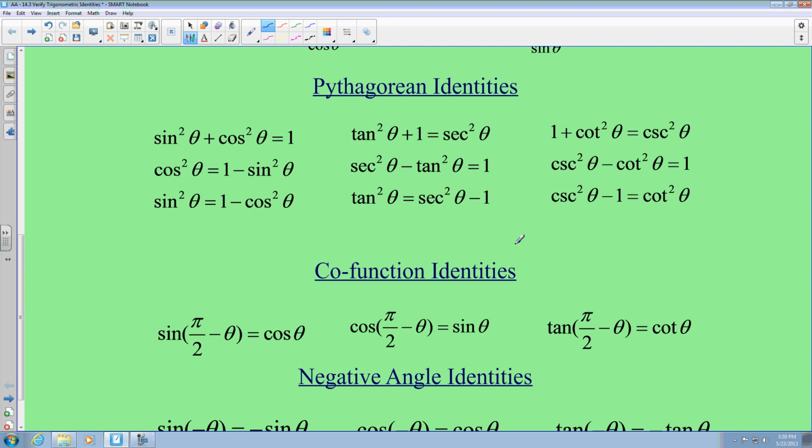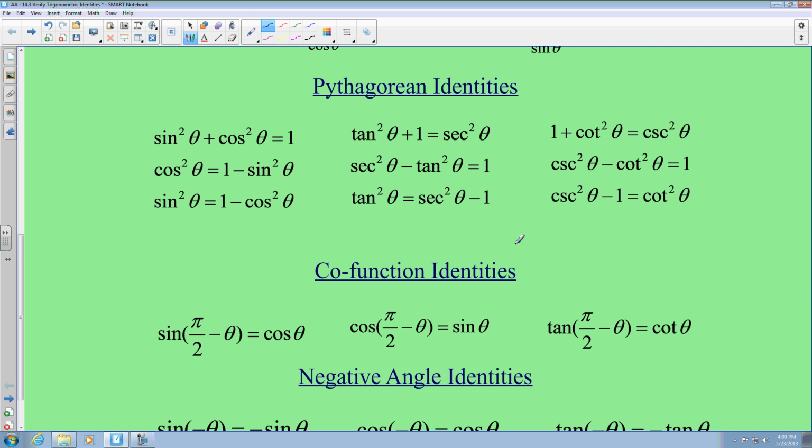The 1 comes from the unit circle, because the circle in the unit circle has radius r, which is 1, and the Pythagorean theorem says a squared plus b squared equals c squared. The other identities that correspond with that are derived from that unit circle and Pythagorean theorem combination.